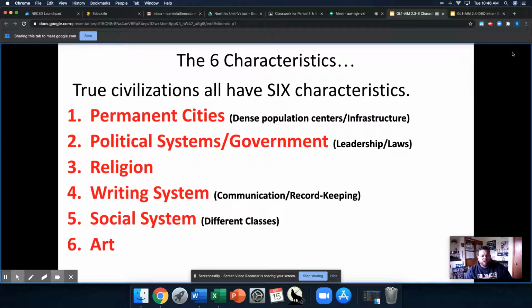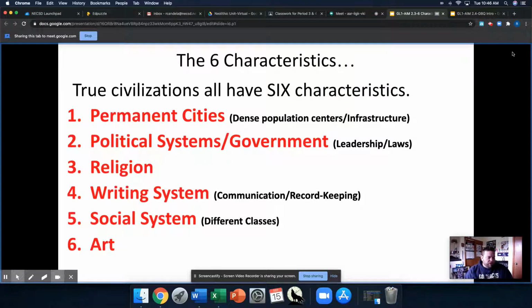Number two, political systems and government. There needs to be some type of leadership and or laws in some way that govern the people, essentially rules or rule makers. Religion can be a lot of different things. People can worship the river because it's the source of life, or the sun.